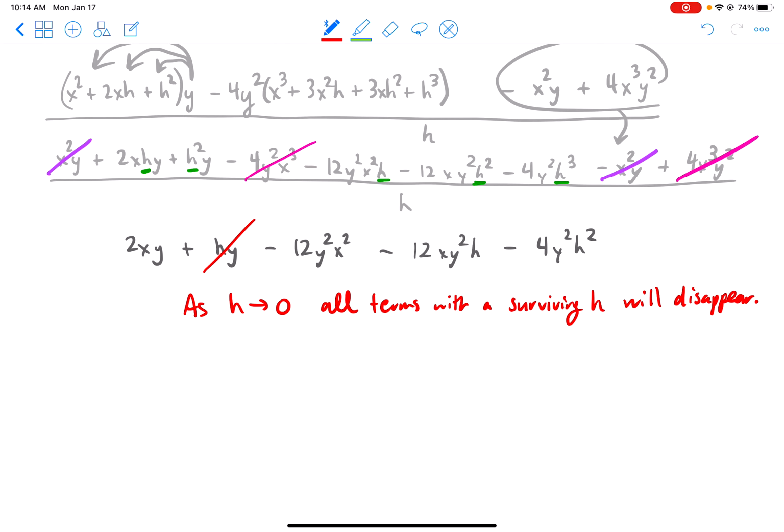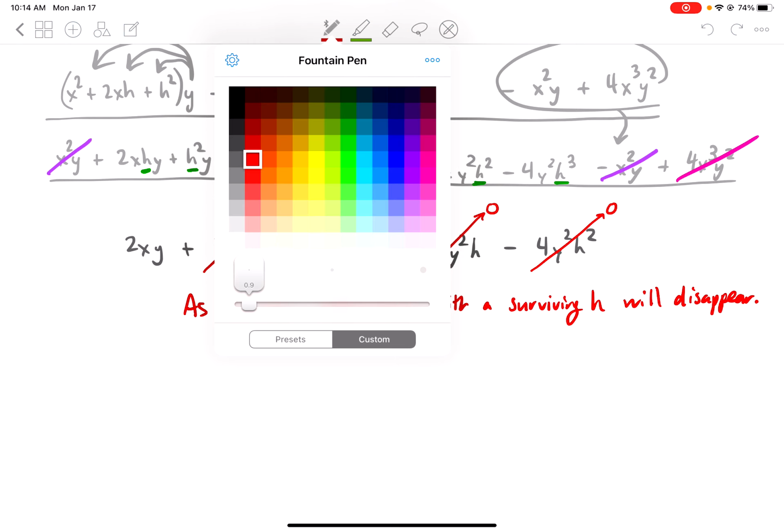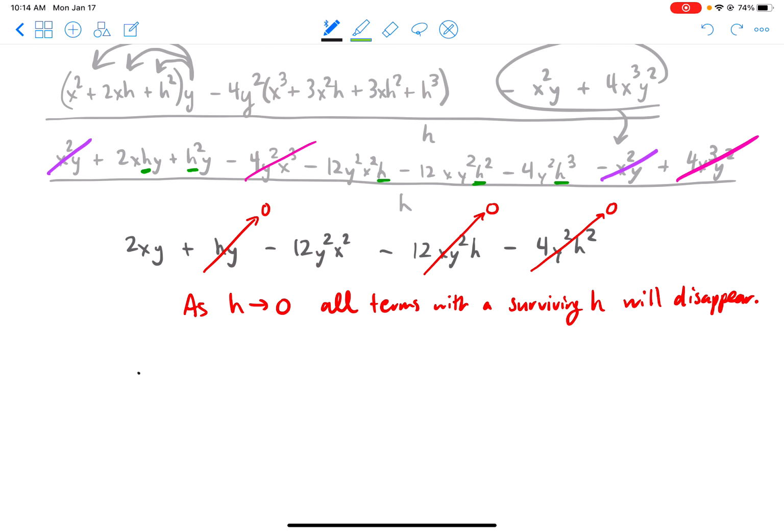That means this will go to 0, this will go to 0, and this will certainly go to 0. H squared goes to 0 really fast. And so, what is my answer? 2xy minus 12, and usually we do x before the y, so I'll write this x squared y squared. That's it. That's the answer.